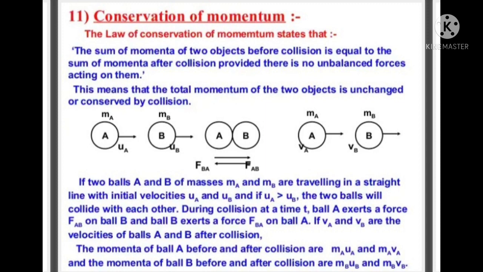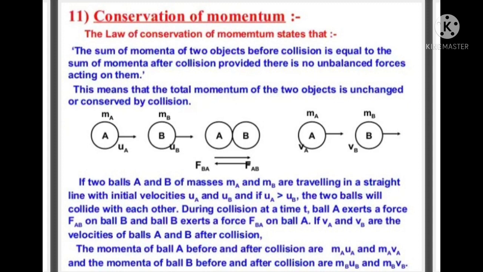If two balls A and B of masses MA and MB are traveling in a straight line with initial velocities UA and UB, and if UA is greater than UB, the two balls will collide with each other during a time t.